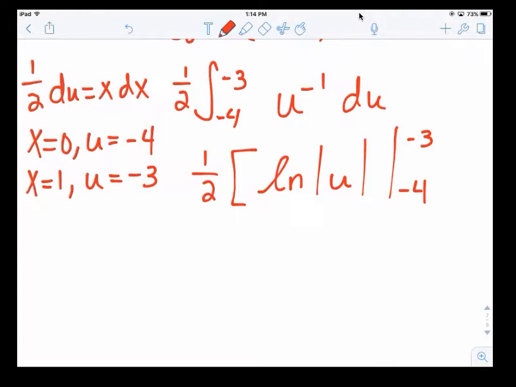Well, if you add 1 to the exponent, you get 0. So this is really like 1 over u, right? So what's the derivative of ln? That's kind of just the rule for the antiderivative.